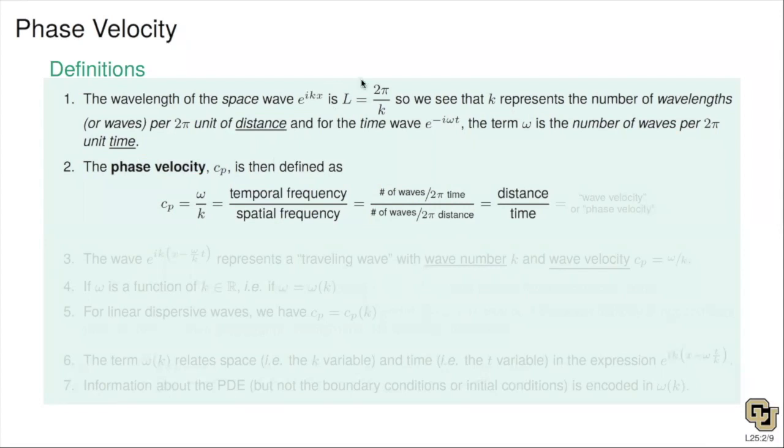So omega over k we can interpret as some type of velocity, and we call it a wave velocity, a phase velocity, somehow driven by the dynamics of the time and space interaction.